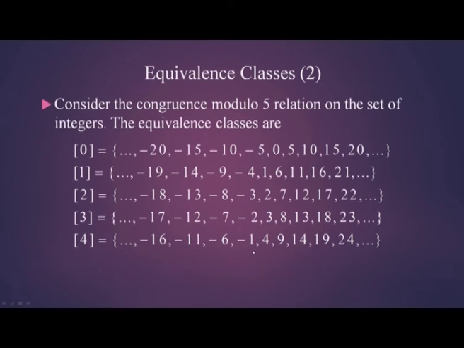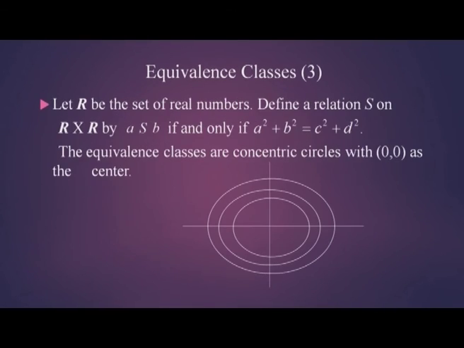And now, we note that if we shift this by another 1, so if we add 1 to all the elements, we will go back to the equivalence class corresponding to 0. So, these are the equivalence classes corresponding to the congruence modulo 5 relation. These are also sometimes called congruence classes.